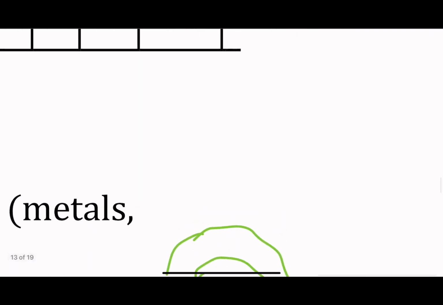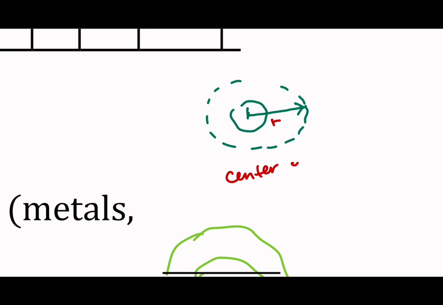So before we go on, what is atomic radius? Atomic radius is the distance from the center of the nucleus extending to the outermost shell, meaning the last shell. That distance in here is the radius.